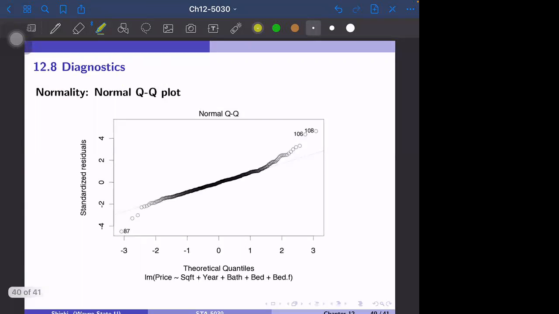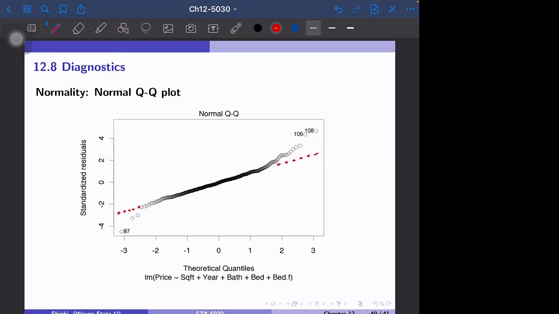And the next one, I think we have already covered in earlier chapters, chapter 4 or 5. This is a QQ plot that we use to see the normality of the errors. If errors are normally distributed, then the QQ plot is a straight line pattern.